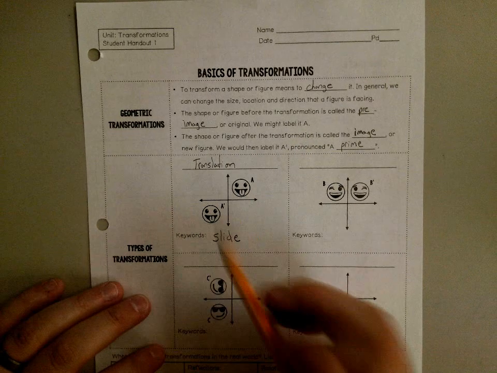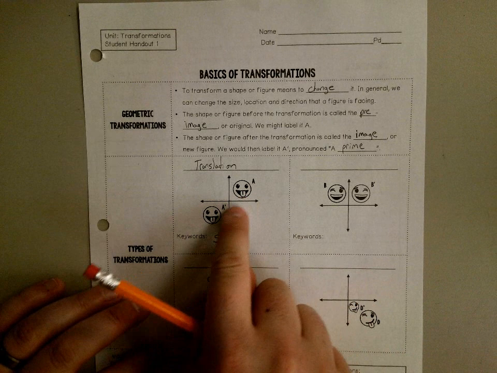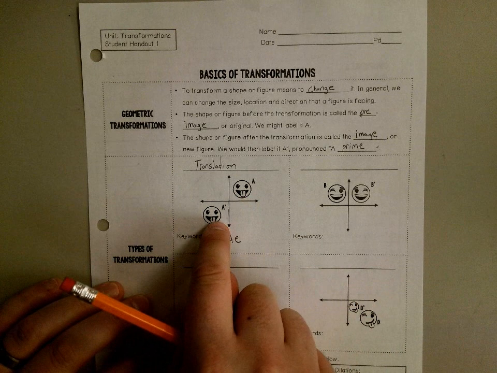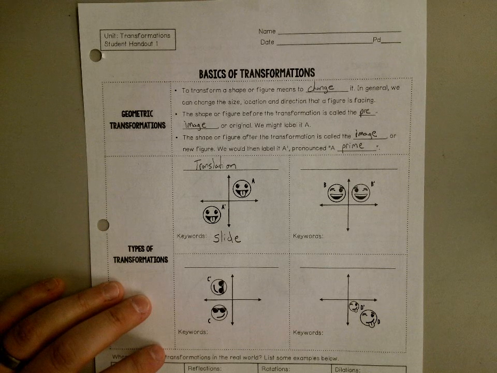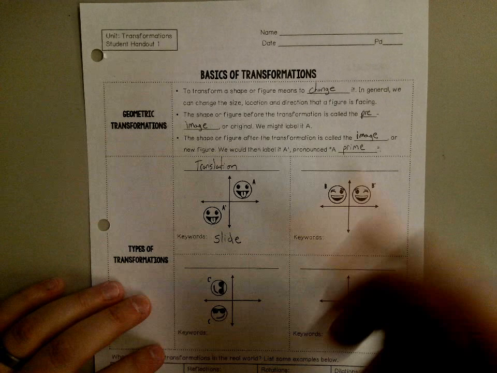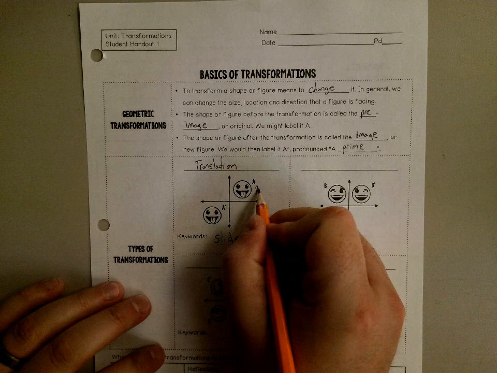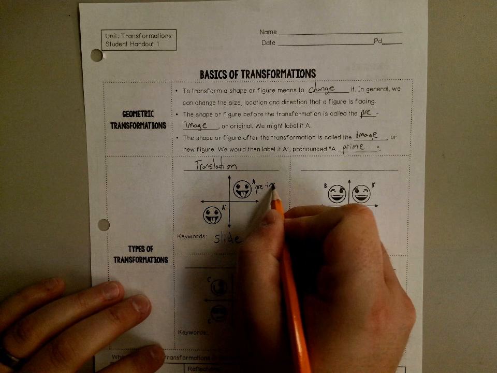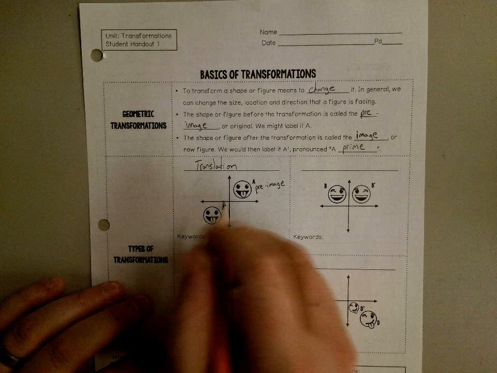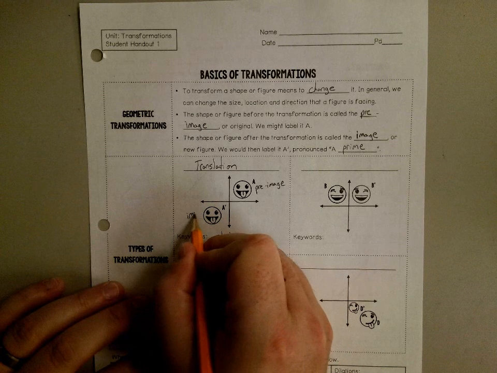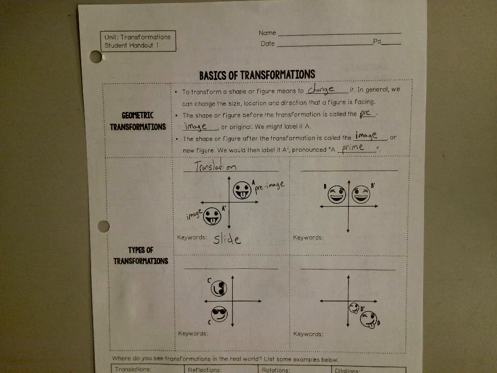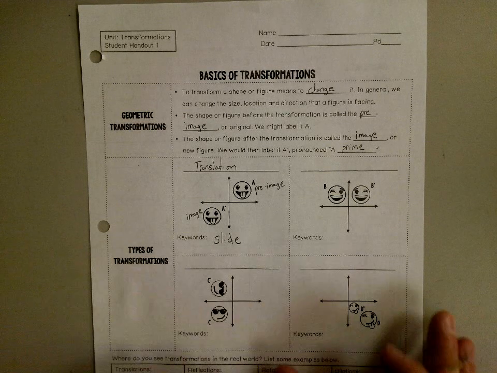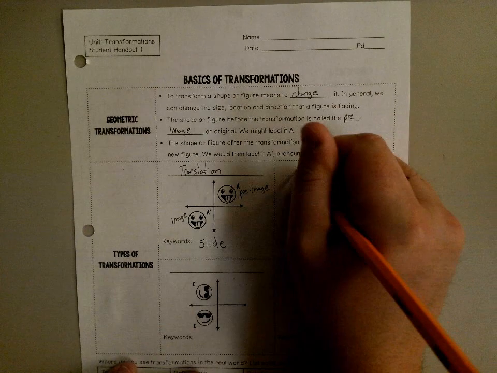You can imagine taking this and sliding it right down and calling it A prime. Nothing changed about the picture. We just moved it to a new location. So we've got the pre-image here, we slid it down, and we got the image over here. That's translation.